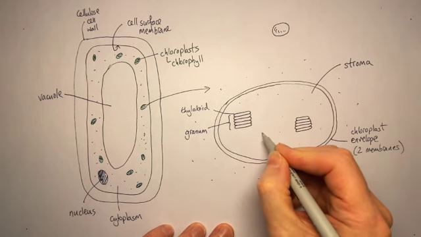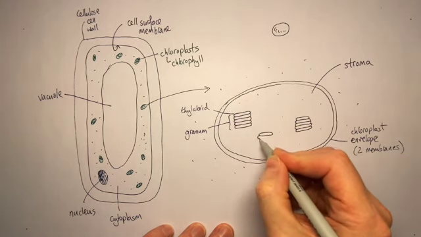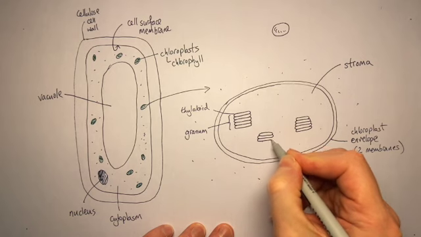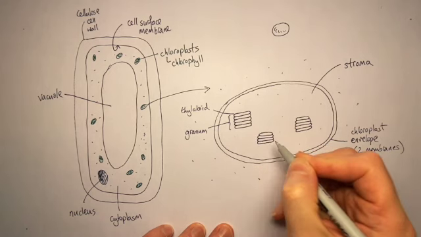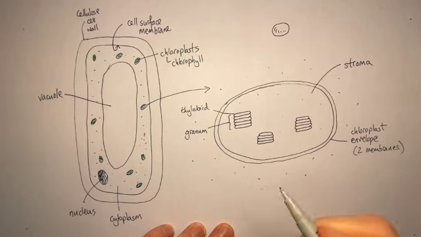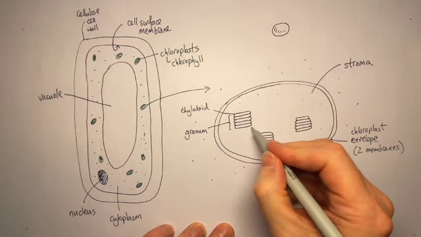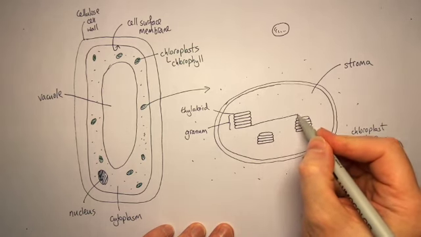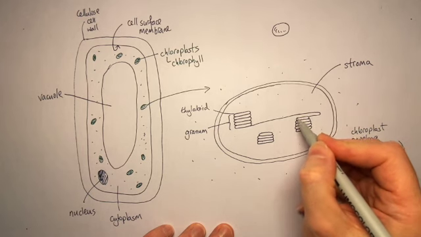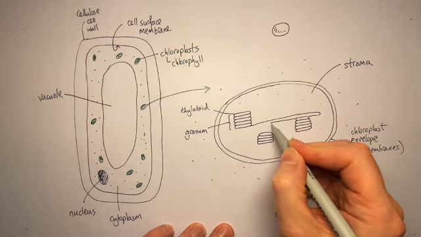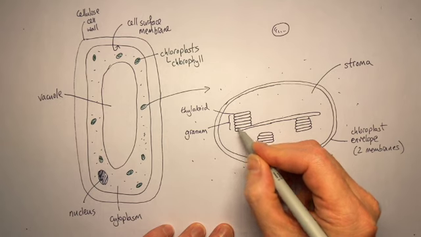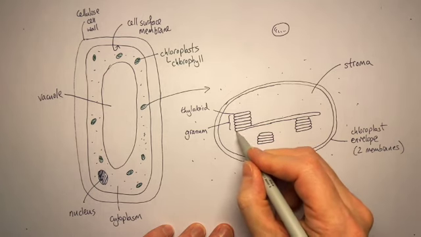So I'll just draw 2 or 3. But what happens is some of these thylakoids start to grow out and they form long sheet-like structures which can stretch to other grana.